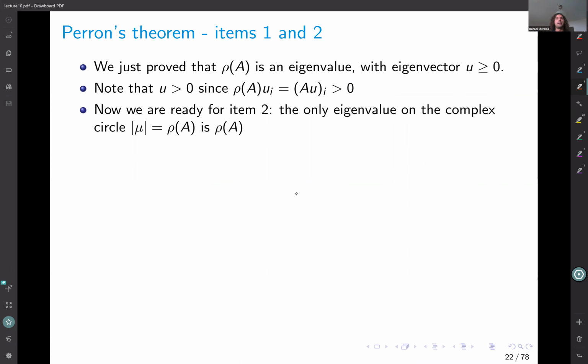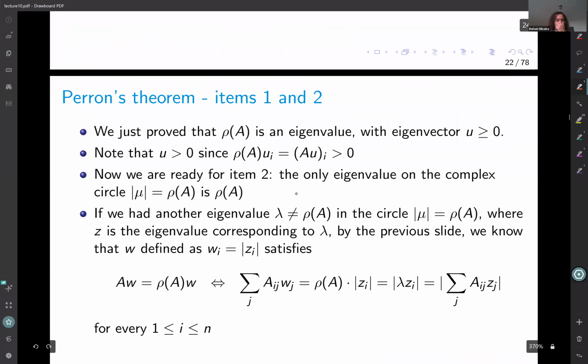So now we're ready to prove item 2. We just proved item 1, that rho of A is an eigenvalue, and there's a positive eigenvector for it. Now let's prove item 2, which is that the only eigenvalue on the complex circle is rho of A. So this is the only eigenvalue of largest magnitude. How do we prove this?